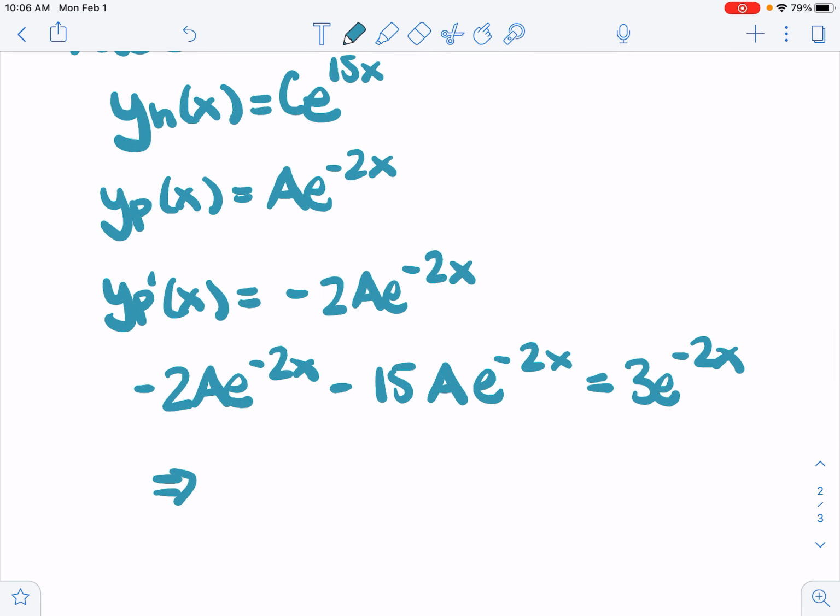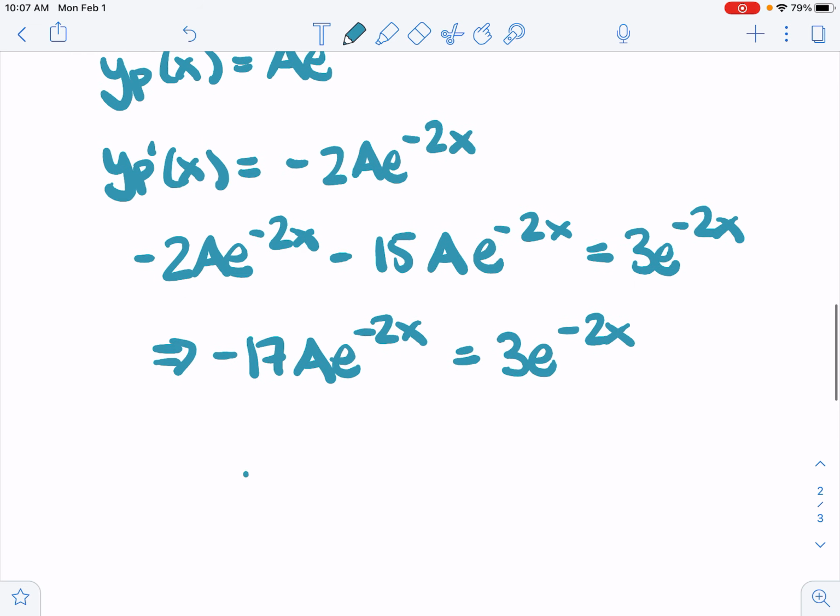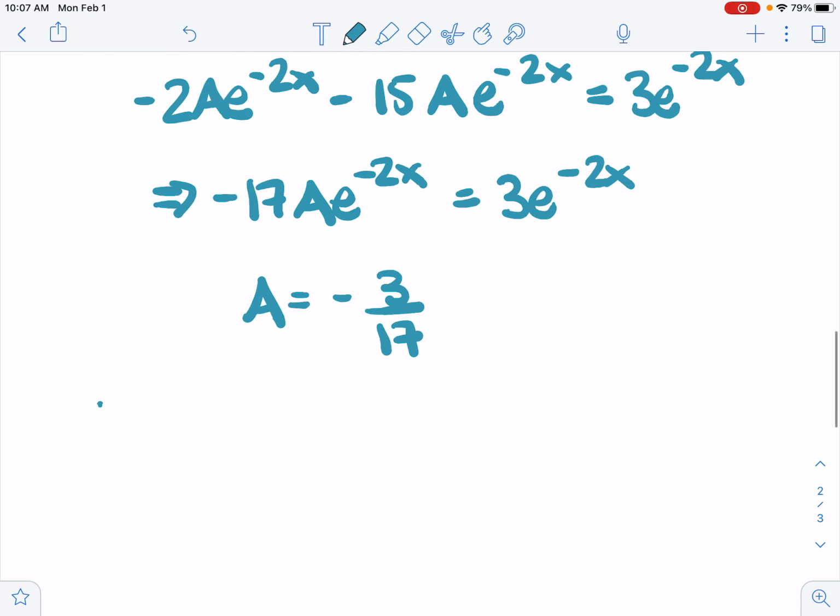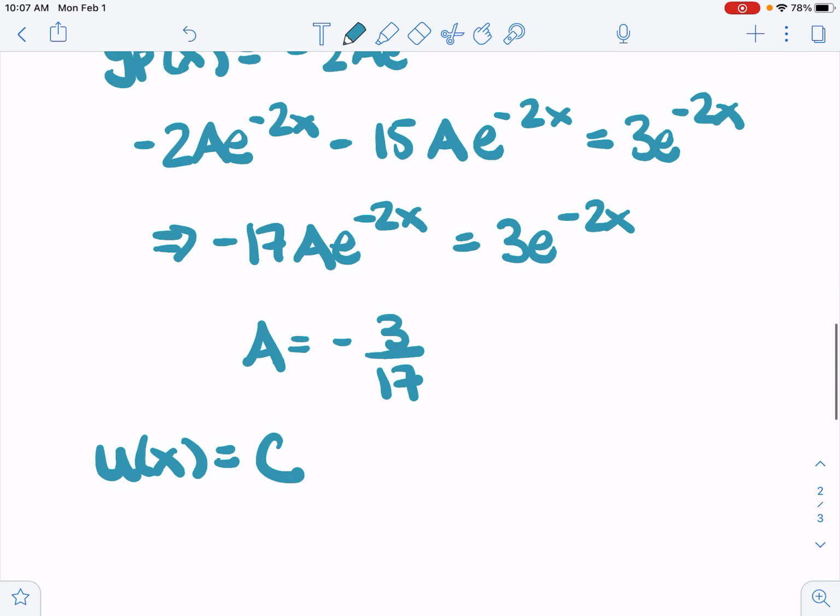So we have minus 17 a e to the minus 2x equals 3e to the minus 2x. So a equals -3/17. And we have our solution. u is the homogeneous solution, c e to the 15x, minus our particular solution, 3/17 e to the -2x.